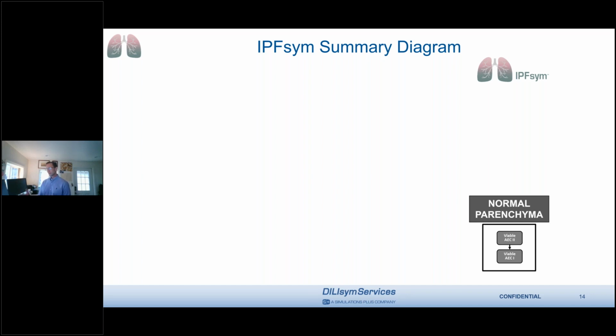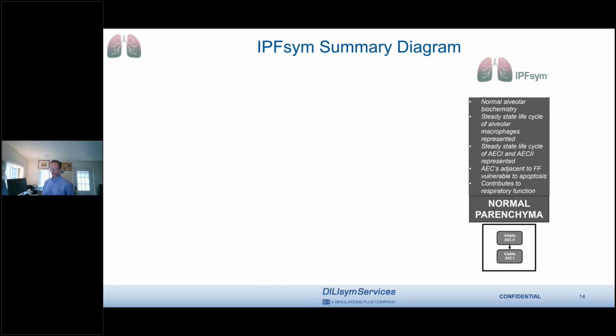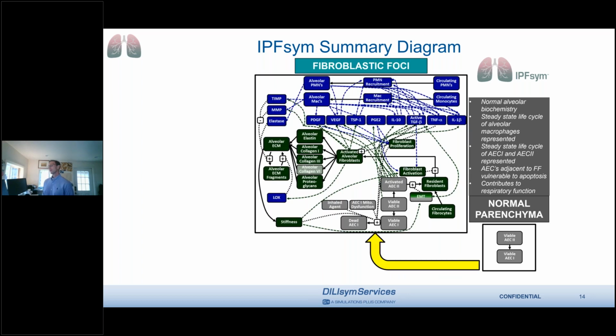So we, of course, included the normal parenchyma, particularly the epithelial cells, so that they're able to contribute to the respiratory function. Of course, that's the primary function, but also to be recruited to some extent into the fibroblastic foci as part of the ongoing disease progression.